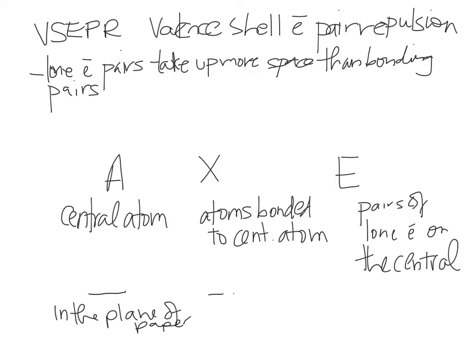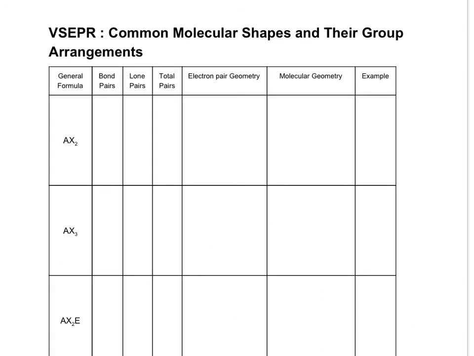A dashed line is going to be a bond that extends behind the paper, and a wedge is going to represent a bond coming out of your paper. So we're going to have a solid line, a dashed line, and a wedge. Okay, so we're going to get started.